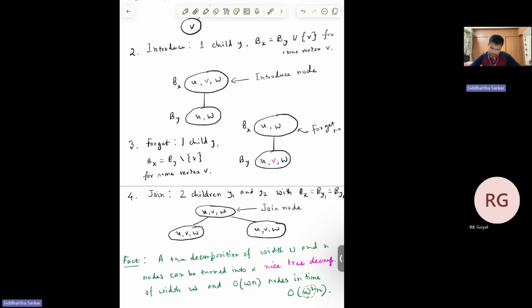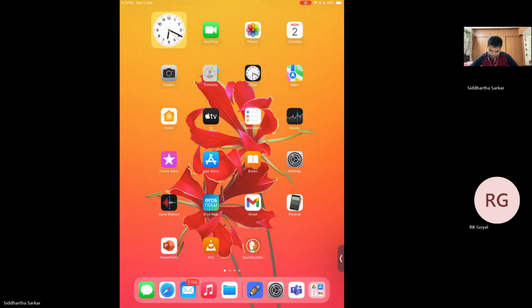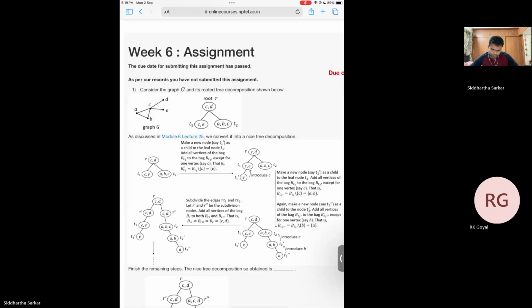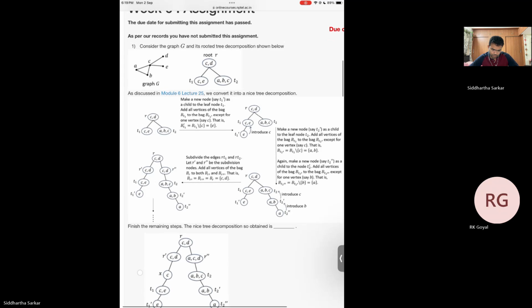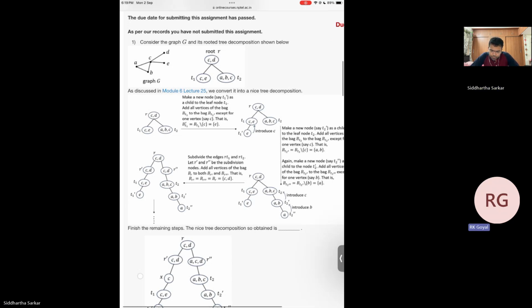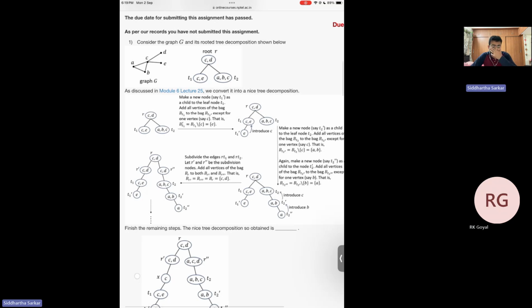Okay. All right. Now we are ready to see the question and understand what it is asking. Here is a rooted tree decomposition having three nodes. What is the width of this rooted tree decomposition? 2. Right. We want to obtain a nice tree decomposition from this.